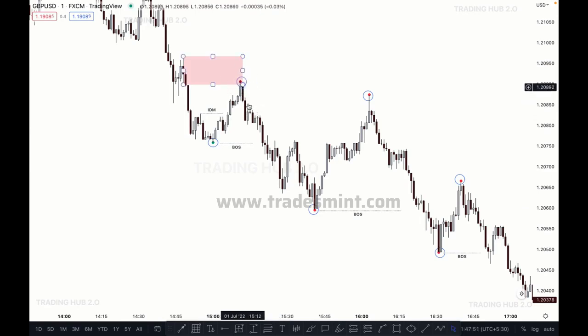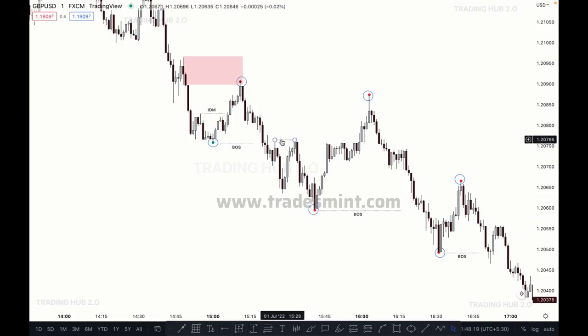The same thing happened here. The market breaks the structure and pushes downside, and after breaking this structure, our recent high is here, and now you can see the market did not break this high. So where is our inducement? In this case, the market did not break this structure, and then the market created a new low here.